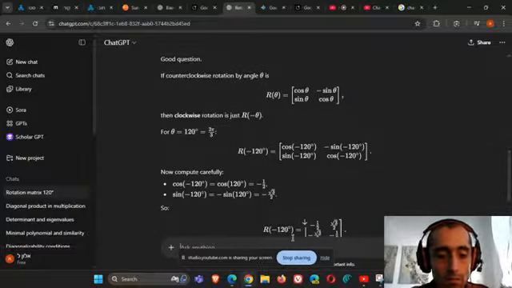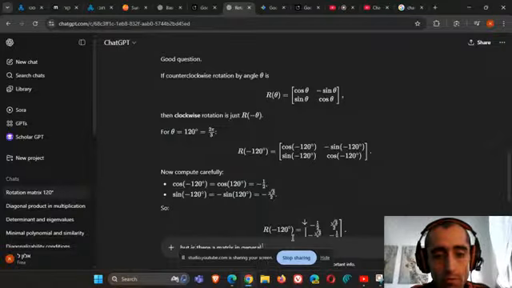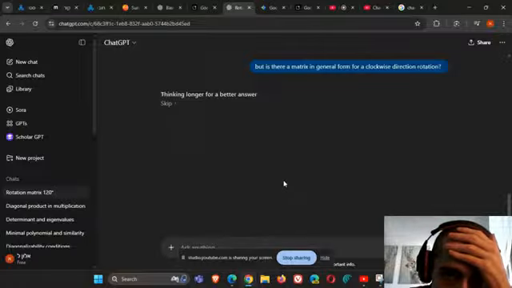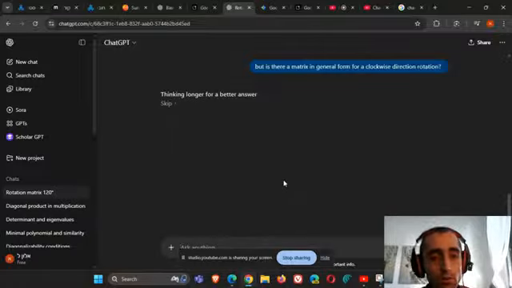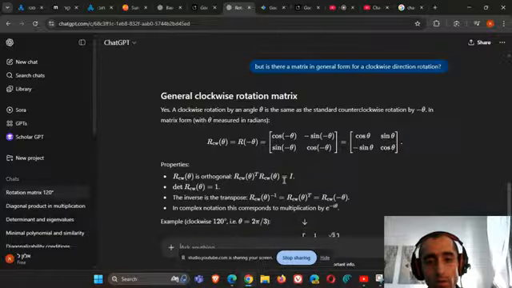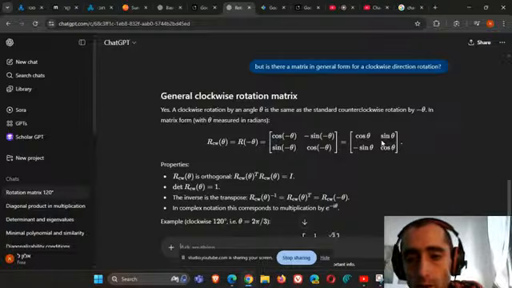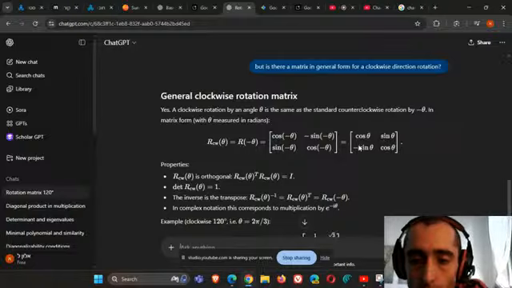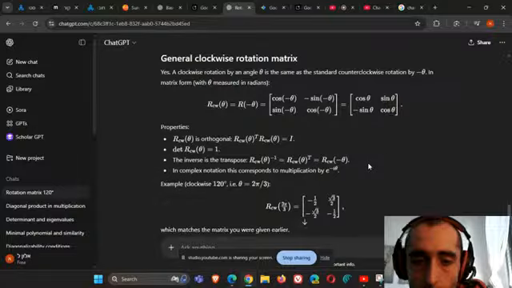Okay, but is there a matrix in general form for a clockwise direction rotation? It's just interesting if we can. No, I think there is no, because it needs to. Okay, so just plug in minus theta and use the identities of trigonometry, getting minus sine theta here instead of sine theta.